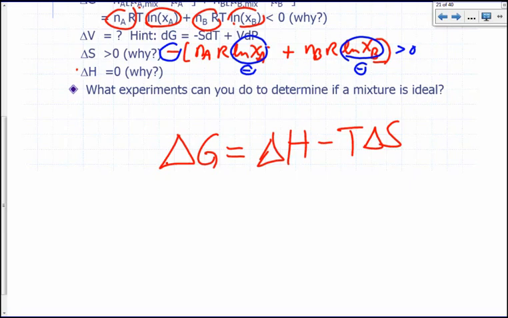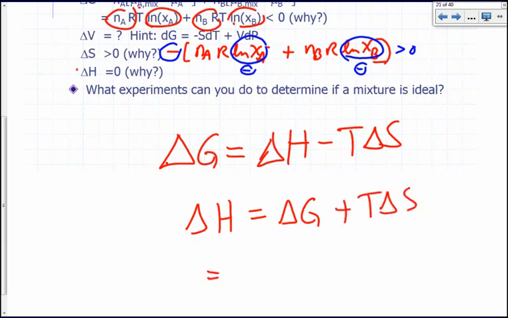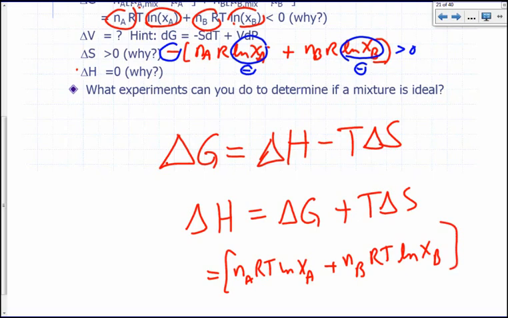And so delta H would just be equal to delta G plus T delta S. And if you did that, what do you get? Delta G is N sub A RT ln x_A plus N sub B RT ln x_B. That's your delta G.